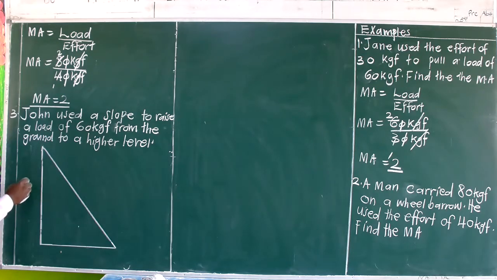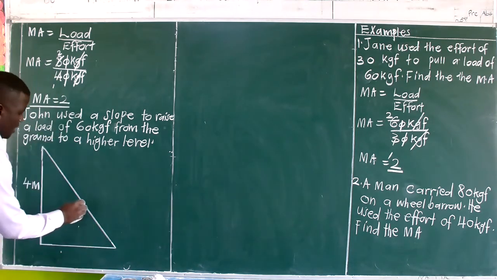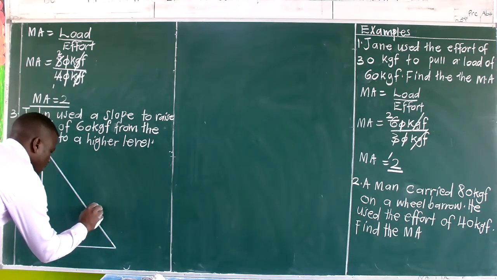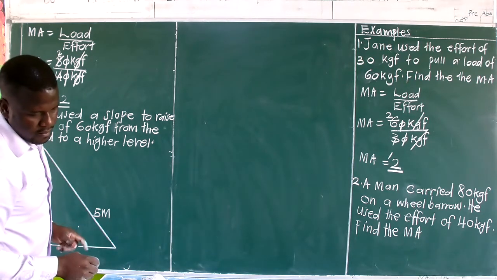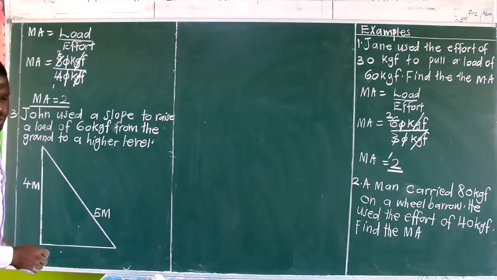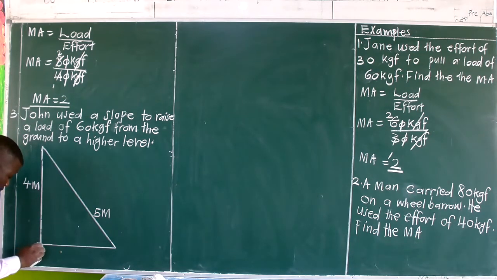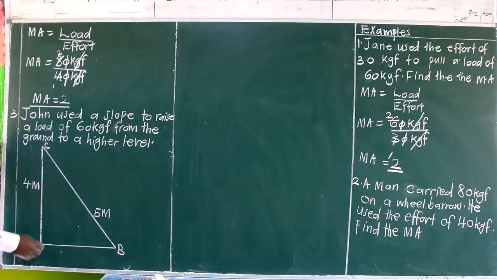This is the slope or the inclined plane. This is 4 meters. Then the slope is 5 meters. So this is point A, point B, then point C. John used the slope to raise a load of 60 kilogram force.